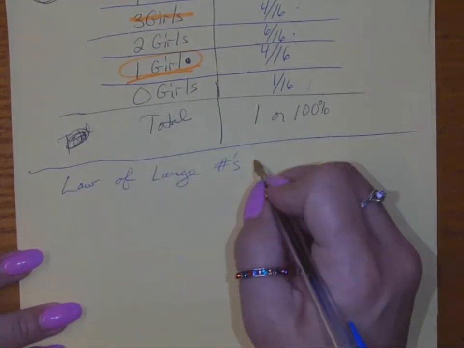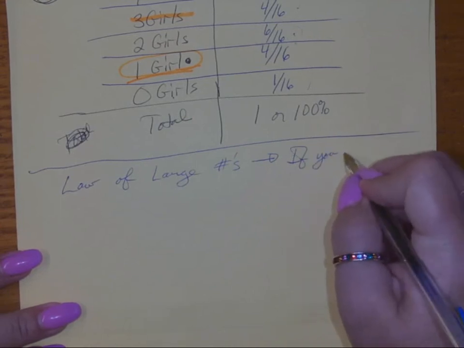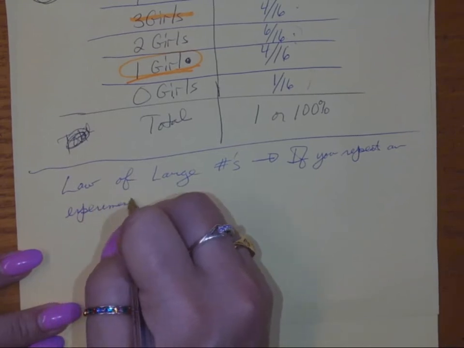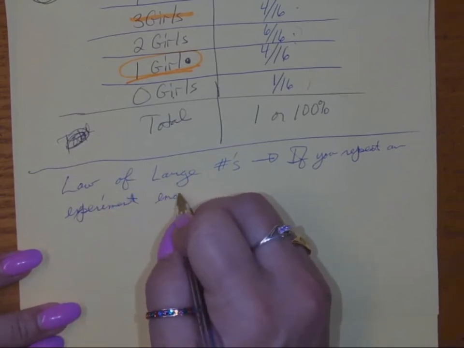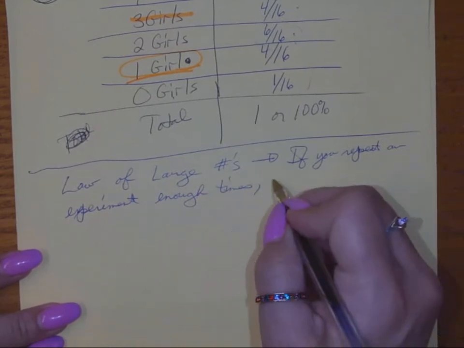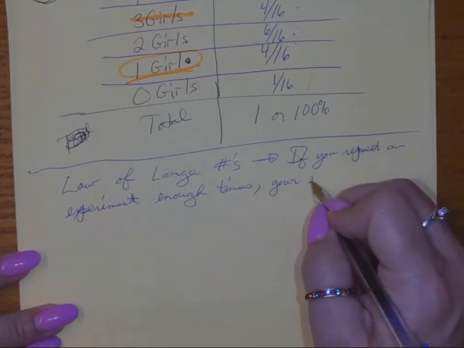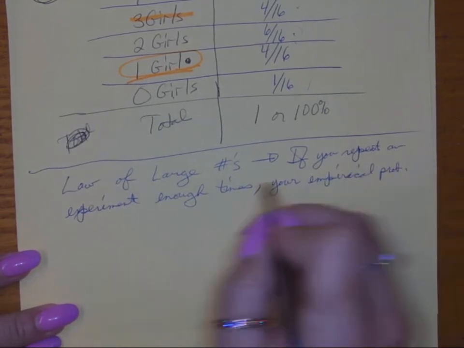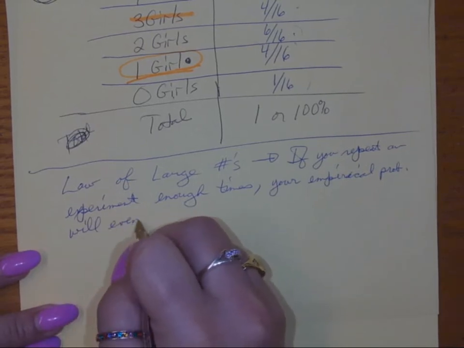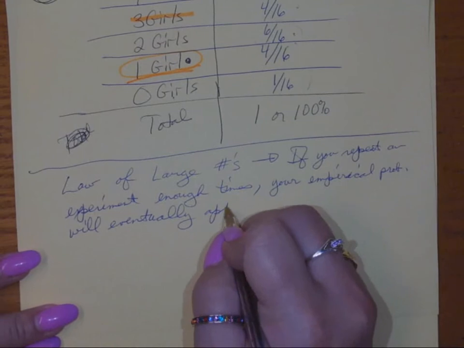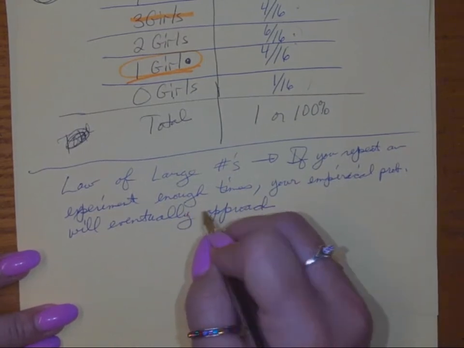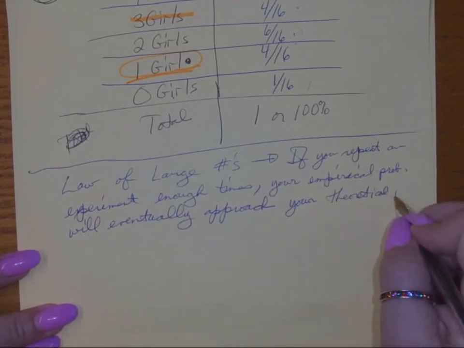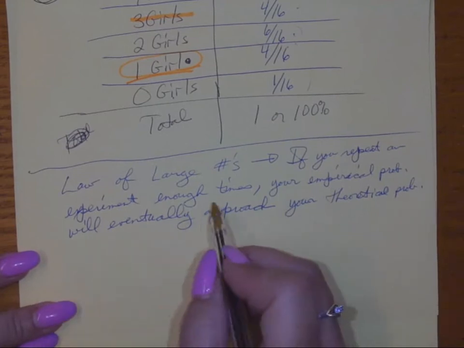And that says that if you repeat an experiment enough times, your empirical probability will eventually approach your theoretical probability. And that's the law of large numbers.